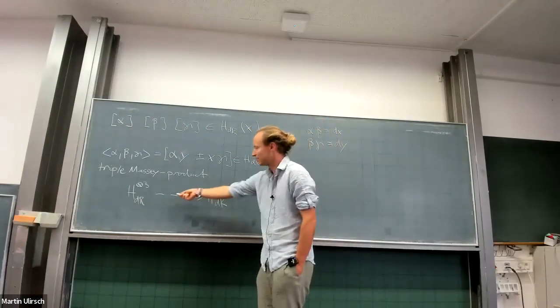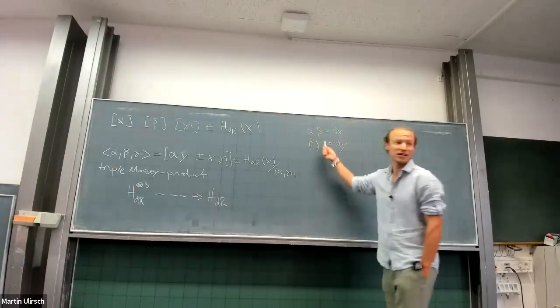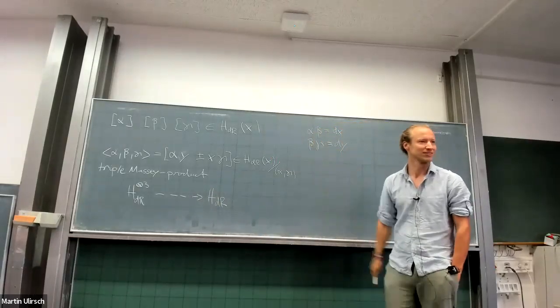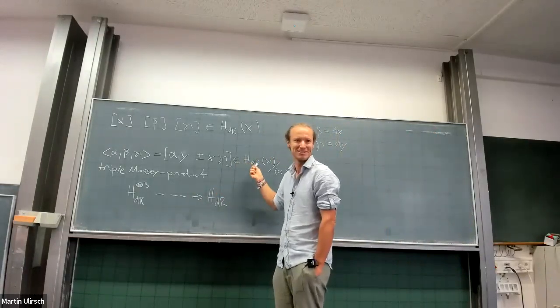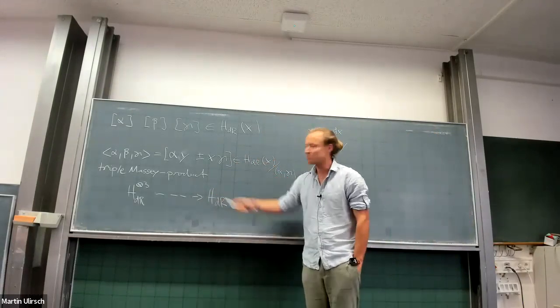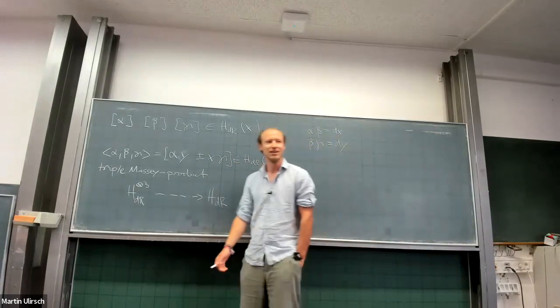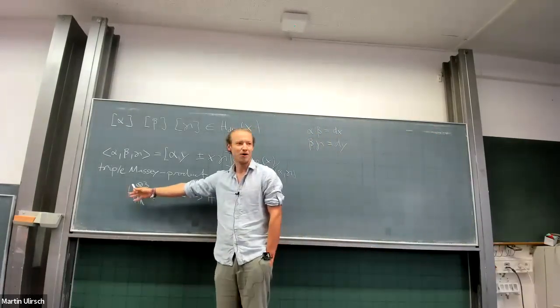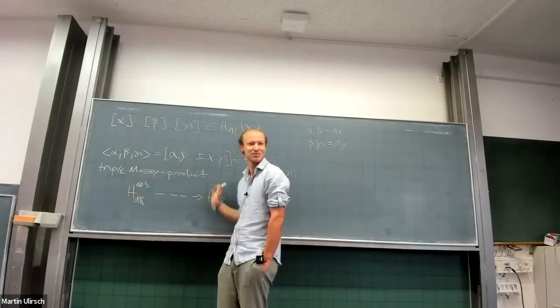I'm writing this slashed arrow here because it's not everywhere defined. We have some additional assumptions on the classes, and also the output is not really an element in here, but a set of elements, the whole class here. So this is a little bit awkward, and there are ways of getting around this awkwardness and getting overall well-defined operations that take three inputs and give one output.